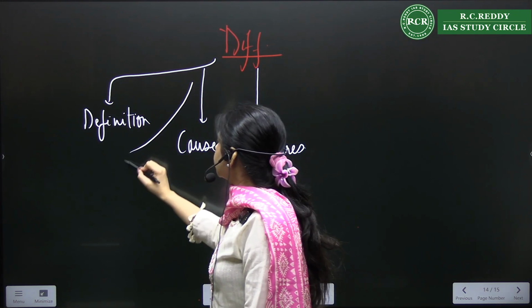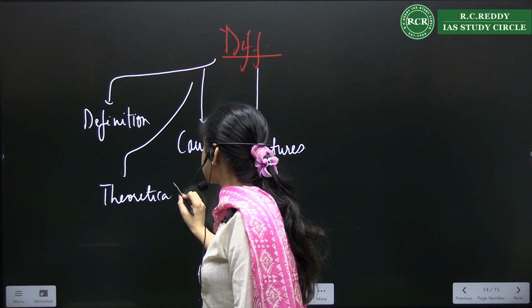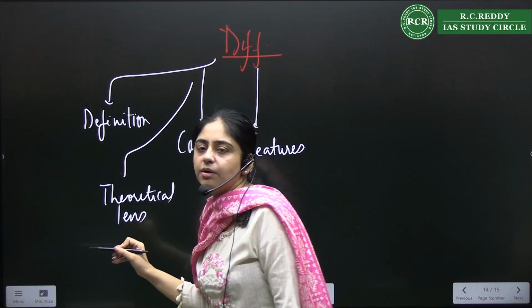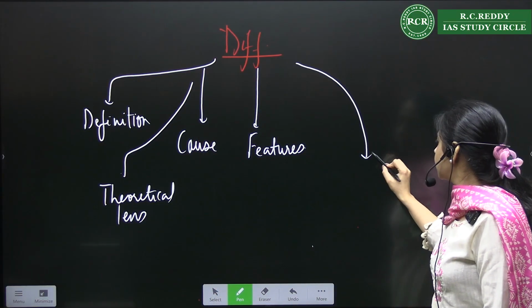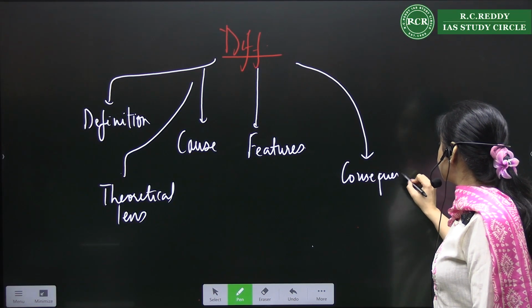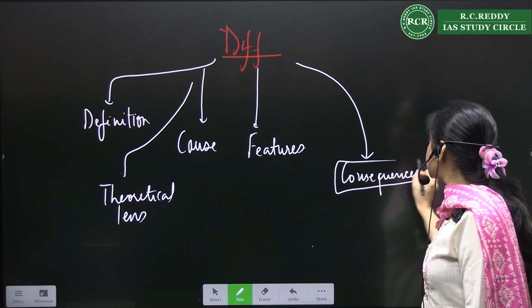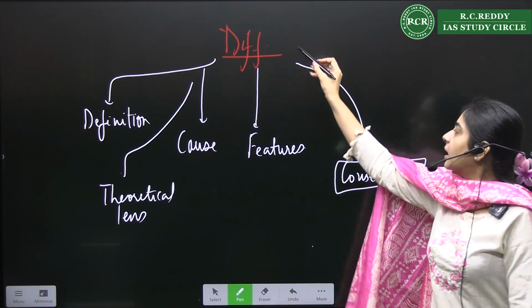Or you can see what is the theoretical lens of that theory or that term, right? Then probably in certain questions there might be consequences of something, that also you can discuss, right?